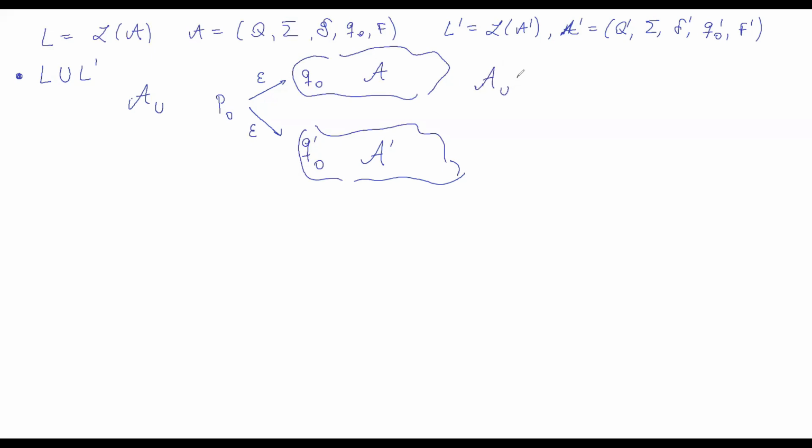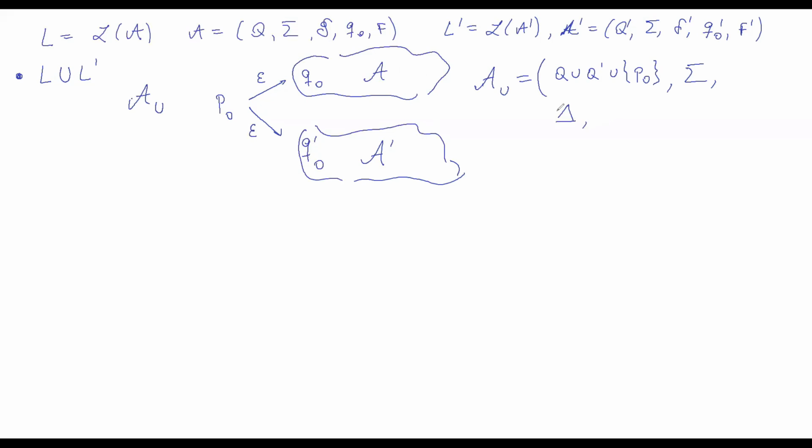Formally, it's going to have as states all the states of the first automaton, all the states of the second automaton, and also this new state. So this is one more state that we didn't have before. That's going to be the set of states of this automaton, and obviously the same input alphabet as the other ones. And I'm going to have this transition relation that I specified here.